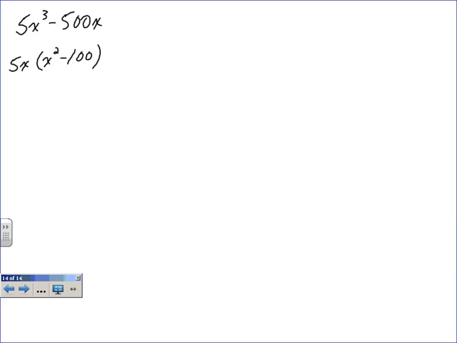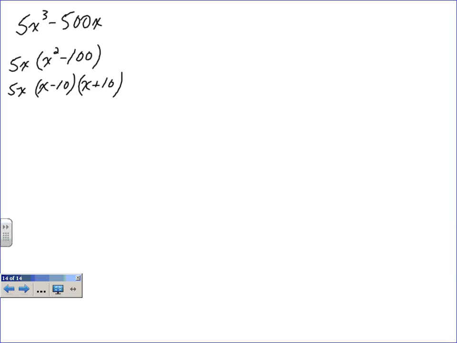It's 5x times x minus 10, and also times x plus 10. Right. We see that in the parentheses, it's the difference of two squares. And so it becomes 5x times x minus 10 and x plus 10.